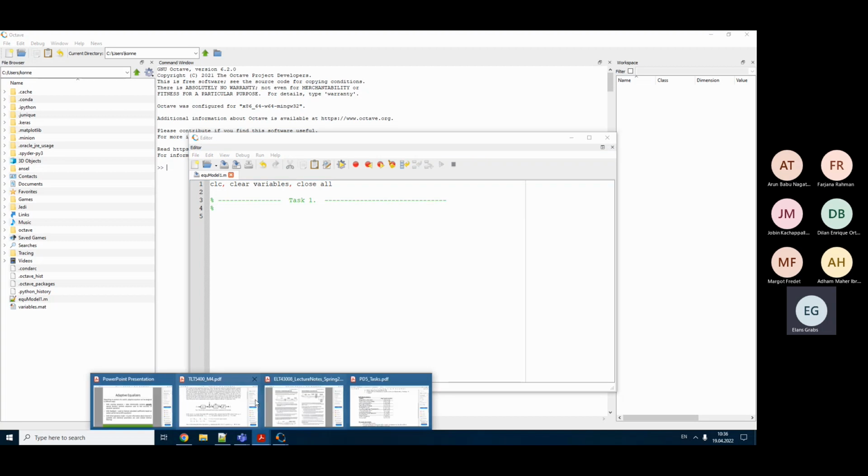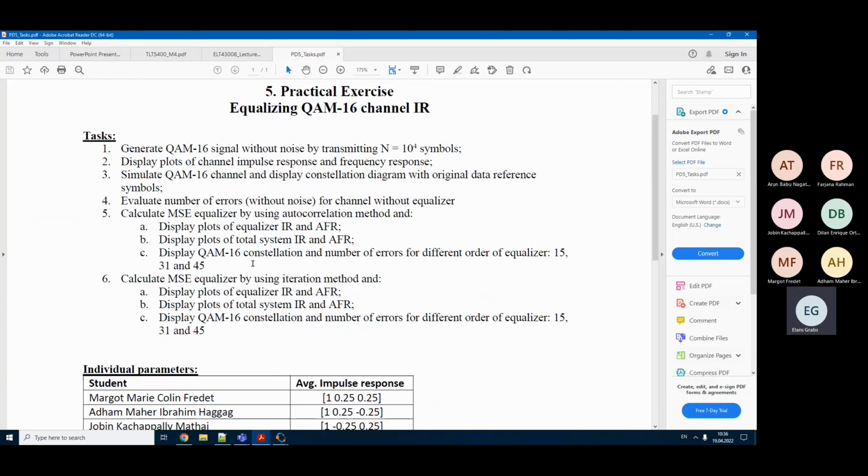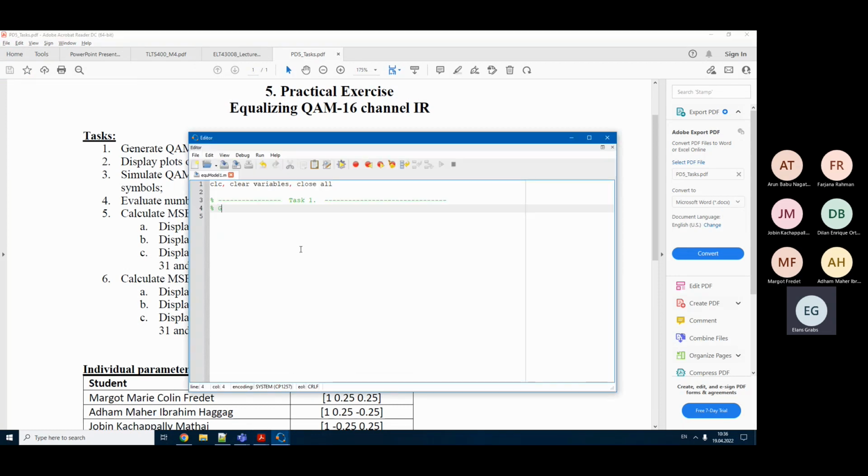What was our first task? Generate a QAM-16 signal without noise. We have done so multiple times already, to generate this signal.